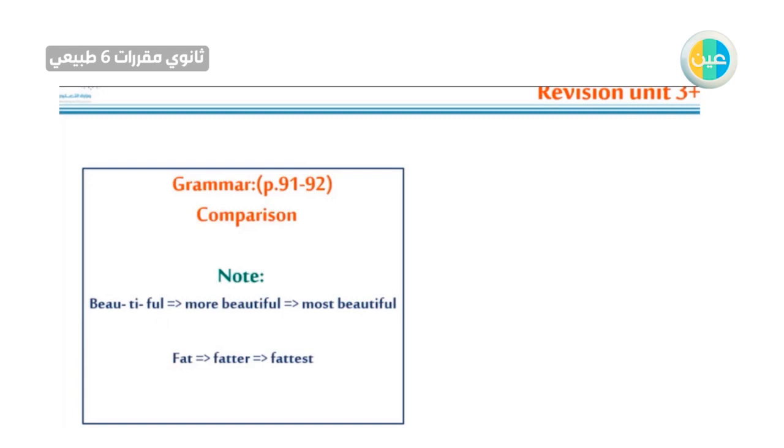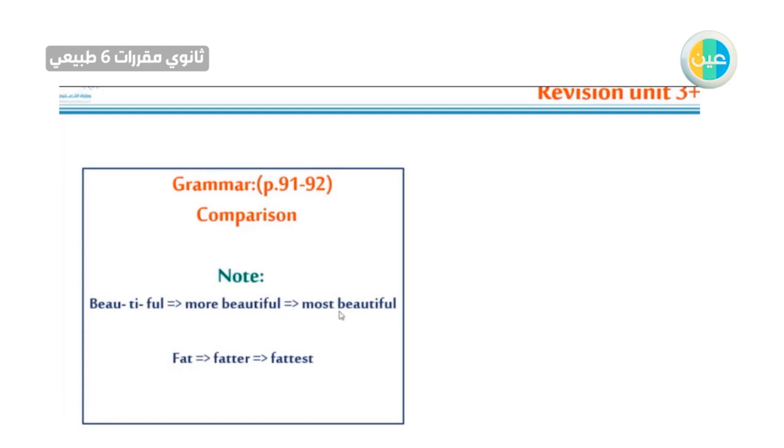But with long adjectives like beautiful, comfortable, complicated, difficult, you cannot add er and make them longer. So you will add what? More before the adjective. So instead of saying beautiful-er than, you will say more beautiful than. This is the comparative.